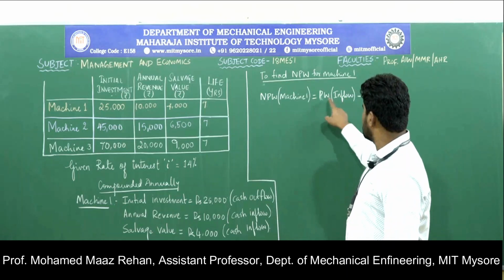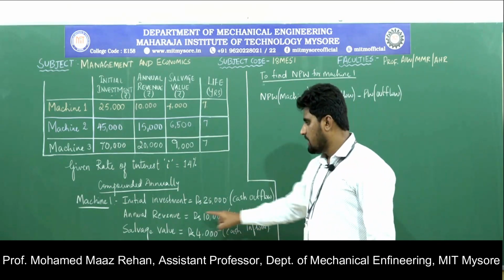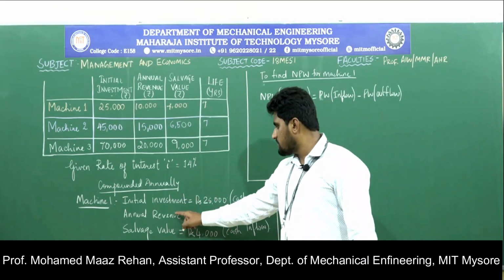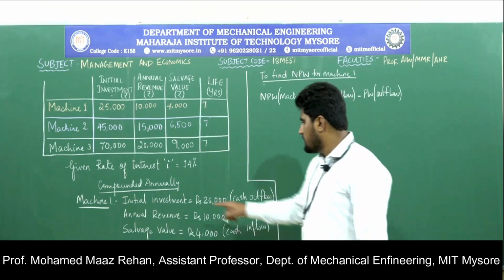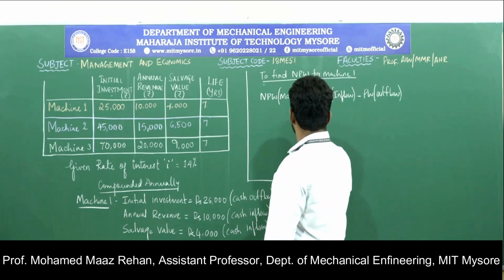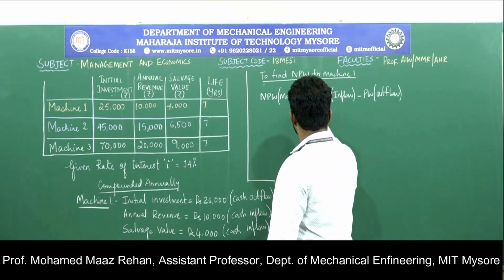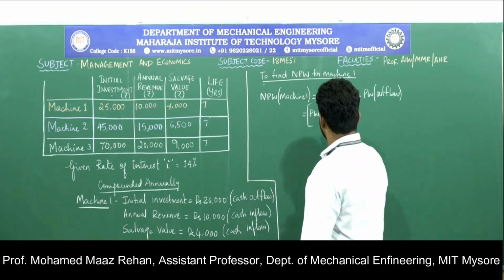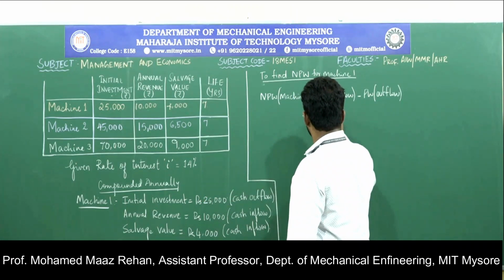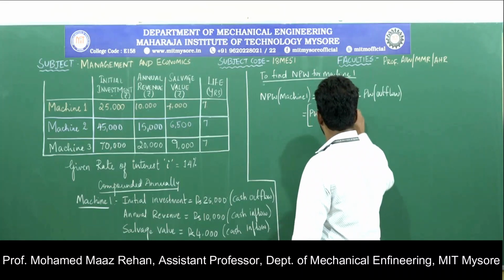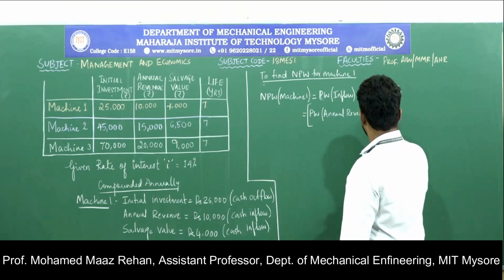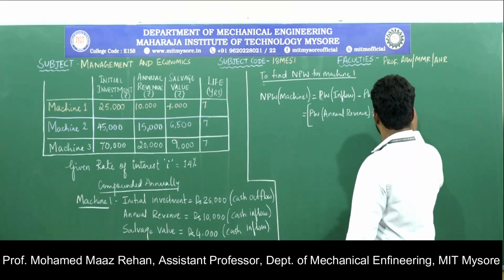Here in this case, we have two cash inflows: one is annual revenue, one more is salvage value. If in the problem they have given annual cost, again that will be cash outflow, correct? So annual revenue and salvage value are cash inflows. How can we write this? Present worth of inflows, we have annual revenue, so I can write like this: annual revenue plus present worth of salvage.